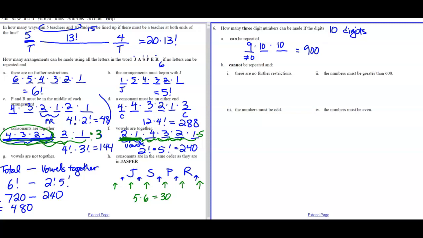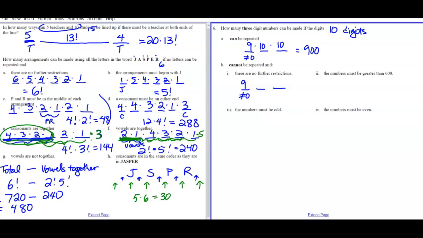Okay, so then cannot be repeated. So again, you can't start with 0. If you do, then it's not considered a 3-digit number. Okay, so there's 9 possible for that. You use 1 digit up out of the 10. Okay, it says it cannot be repeated. So we have 10 digits, we've used 1 up.